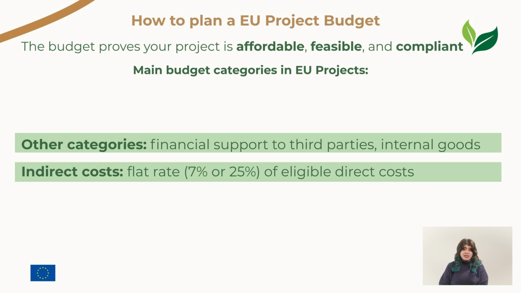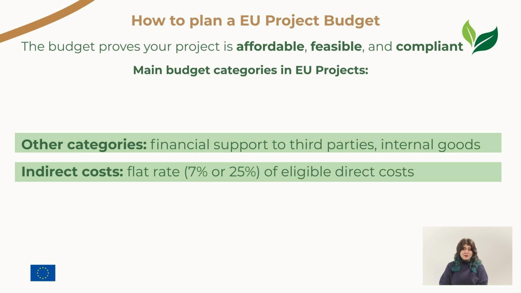But the eligibility of these costs will vary depending on the call. All the above mentioned costs, excluding subcontracting and other cost categories, contribute to indirect costs, which are calculated as a flat rate of the direct eligible costs. The flat rate is usually fixed at 7% or 25%, depending on the program.